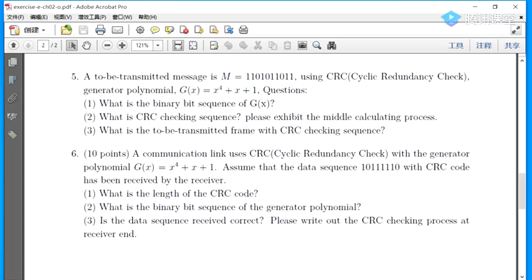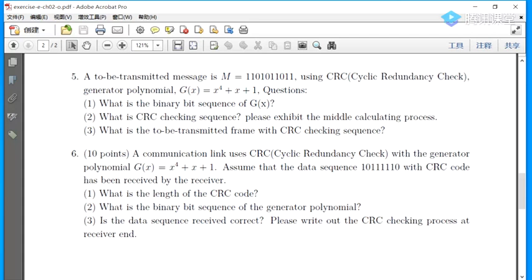The message to be transmitted is M, 1101011011, using the CRC generator polynomial G(x) = x^4 + x + 1.